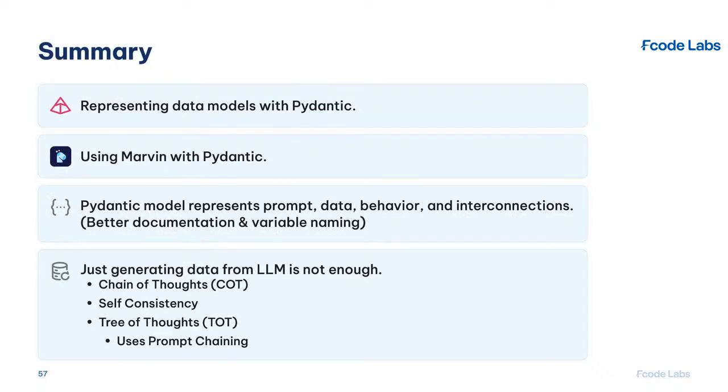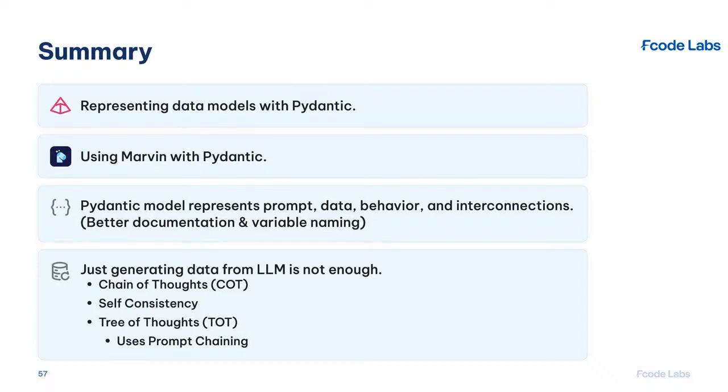As a summary, we learned how to use Pydantic to model data, and how to use Marvin with Pydantic to call an LLM. We learned that a Pydantic model can represent prompt data, behavior, and also the interactions, but we need to have better documentation.